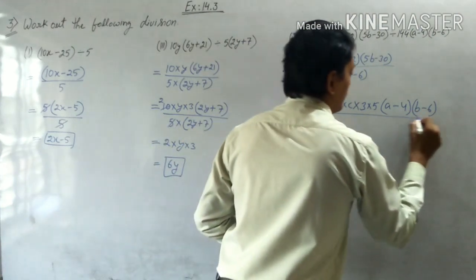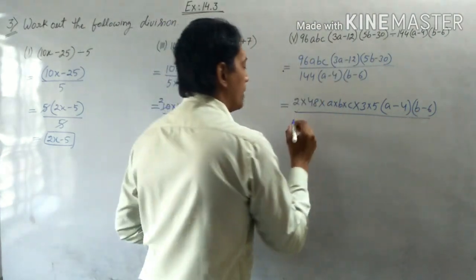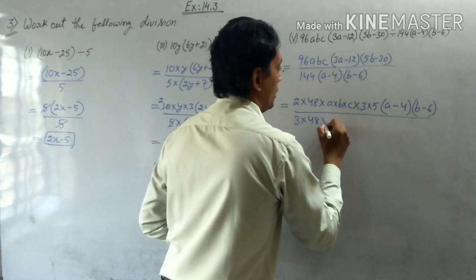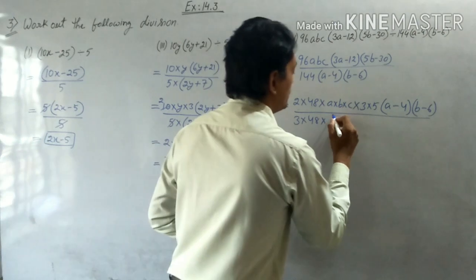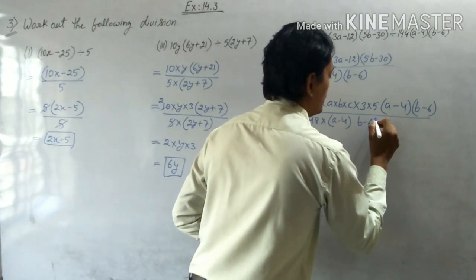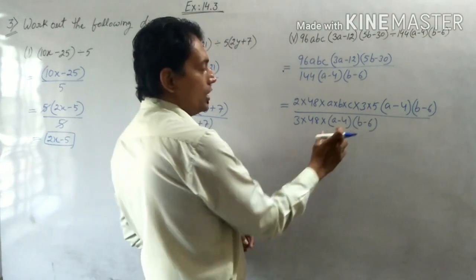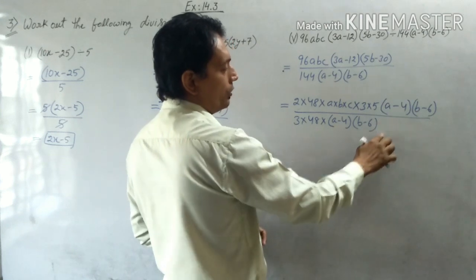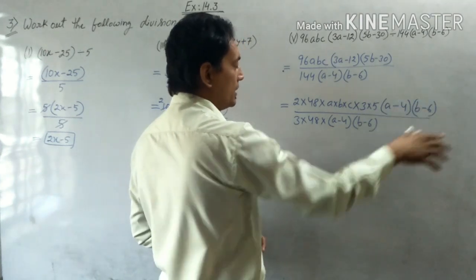Okay, fine. And the denominator 144 can be written as 3 into 48 into a minus 4 into b minus 6. Clearly students, you can see the bracket parts a minus 4 and b minus 6 are common in the numerator and denominator, so they get cancelled.